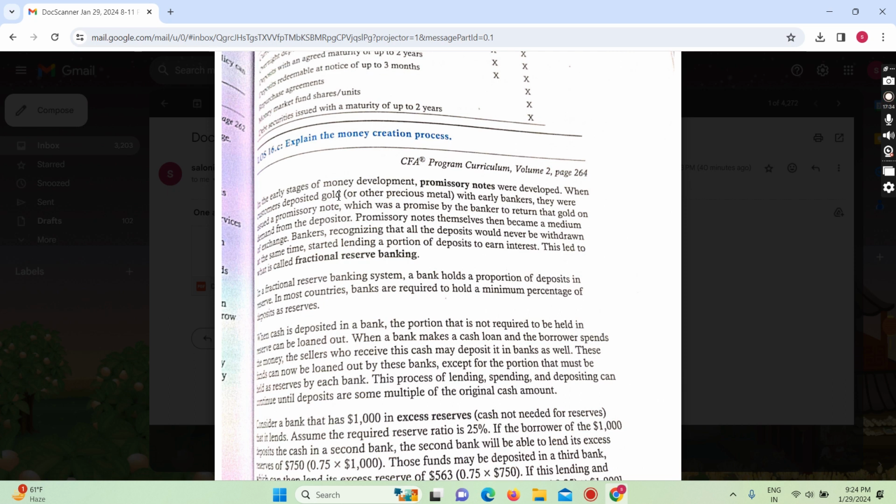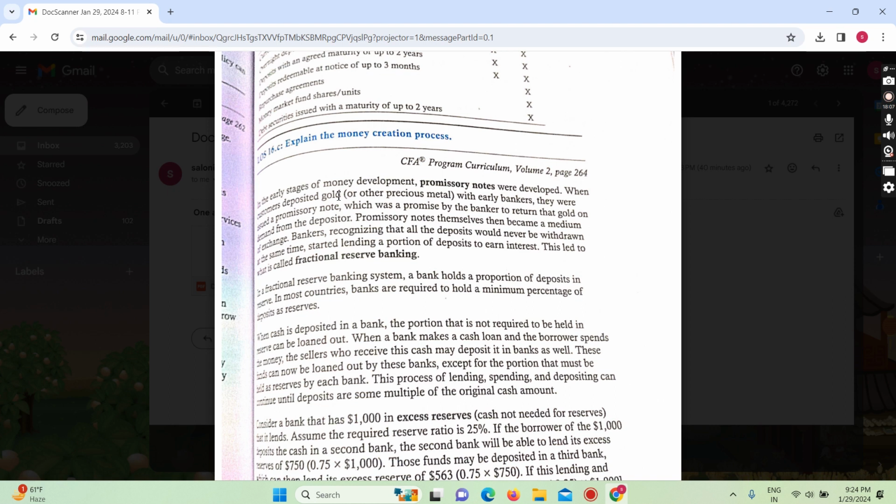So in earlier times, if you deposited precious metals or gold, the banker would issue you a promissory note, and whenever you demanded, the banker would return the same metals. Promissory notes themselves then became a medium of exchange.